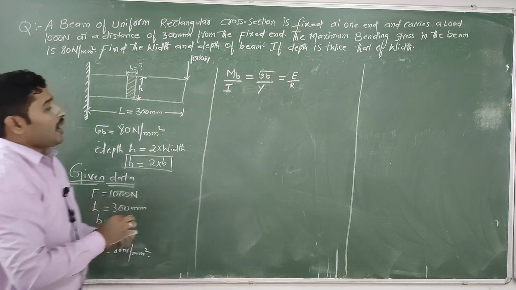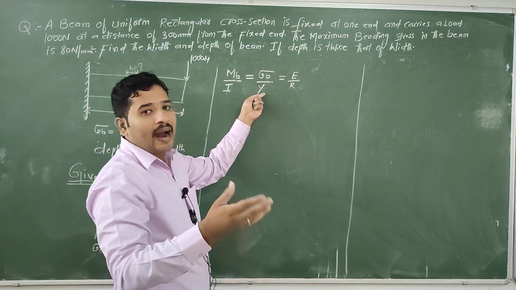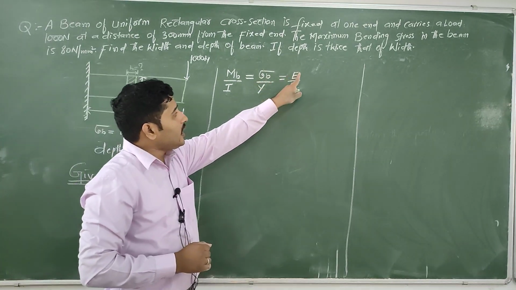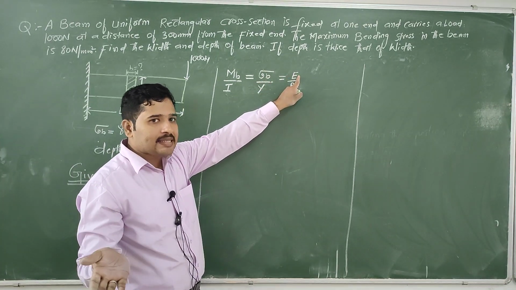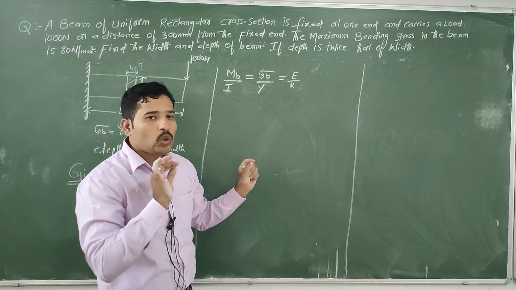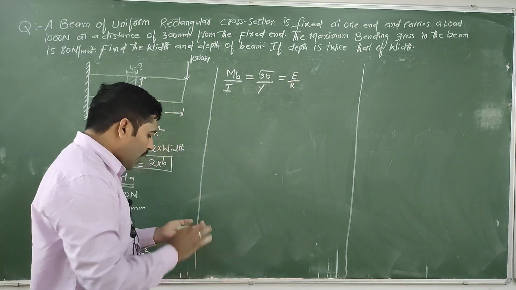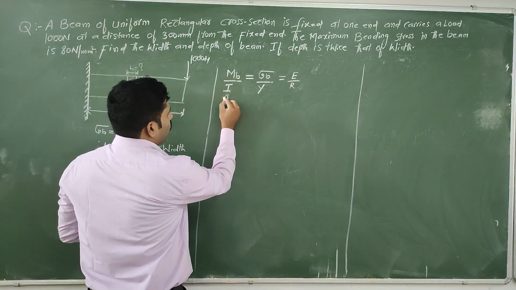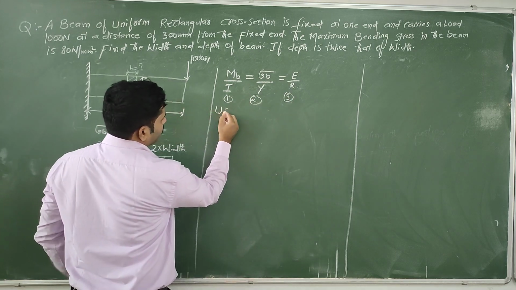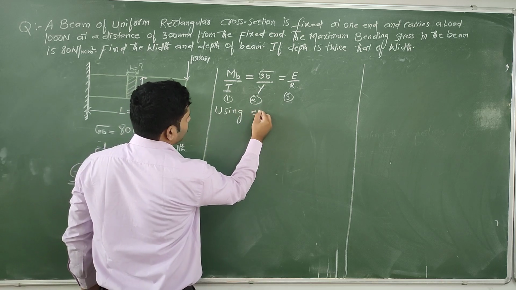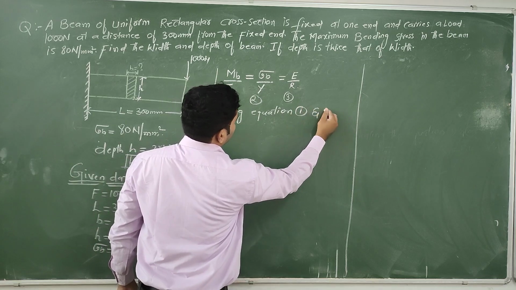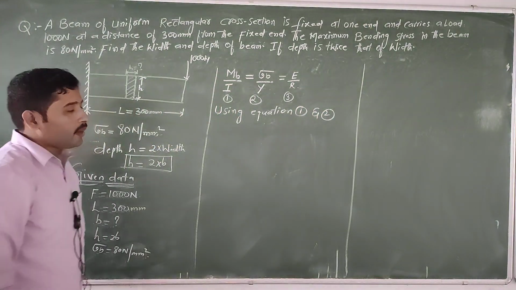Y is nothing but height by 2, or depth by 2, we can easily find. E value is not given, modulus of elasticity and the radius of curvature are also not given. So for that reason there is no need to use E by R. We have to use equations 1 and 2 only.